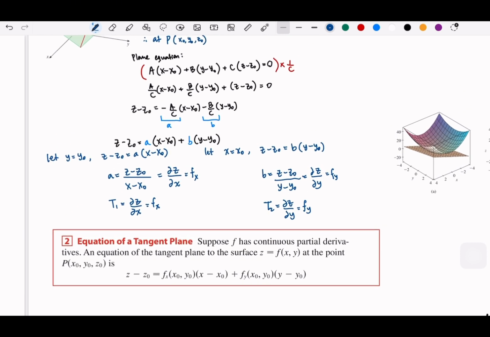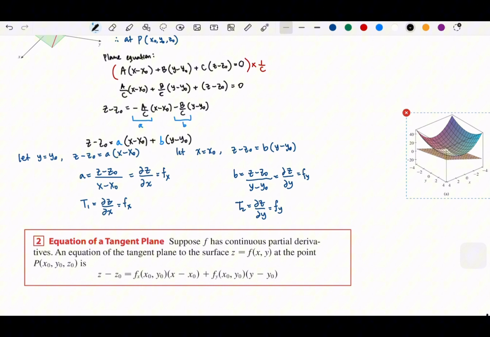Okay. So the equation of the tangent plane: suppose that f is continuous partially, and the equation of the tangent plane for the surface z equals f(x,y) at the point P(x0, y0, z0) is z minus z0 equals partial f with respect to x at this point, multiplied by x minus x0, plus partial f with respect to y at the point, multiplied by y minus y0.